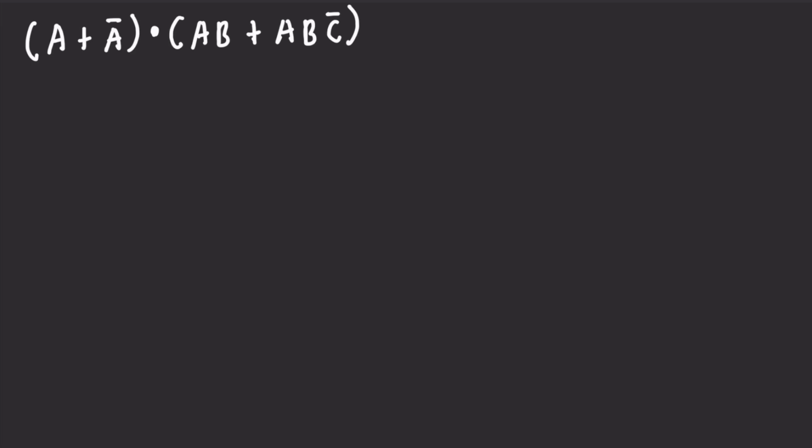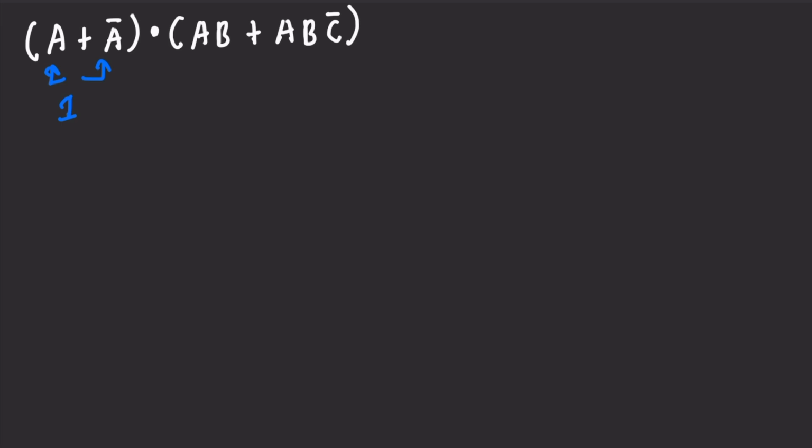So we see that we have this right here with the A plus the A naught. We know from before that A plus A naught is actually just equal to 1. So we got a 1 here, and then we'll go ahead and leave this part as it is.